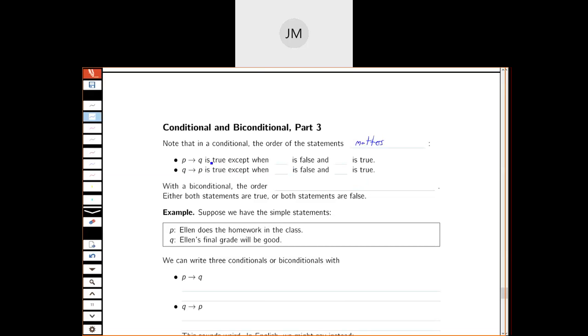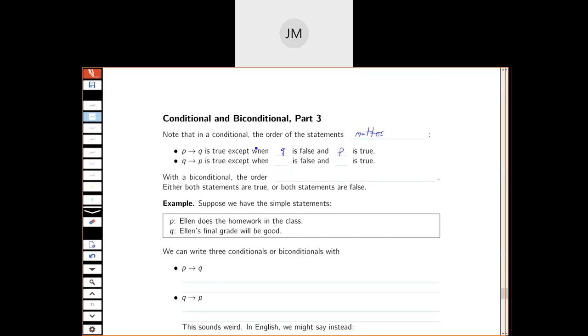So if P then Q is true, except when Q is false and P is true. If Q then P is true, except when P is false and Q is true.